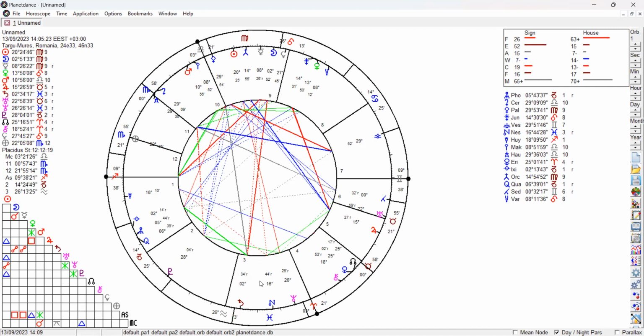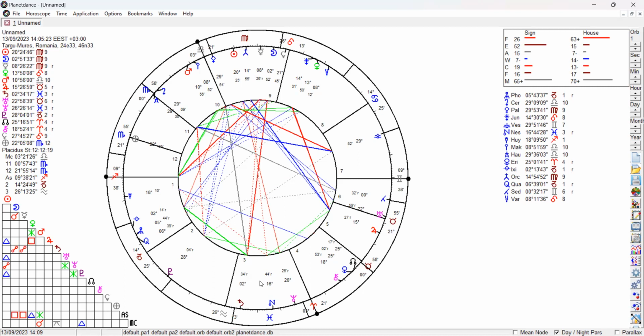The third house rules mind, mental sphere, especially the lower mind, lower education like kindergarten, primary school, and anything up until university.